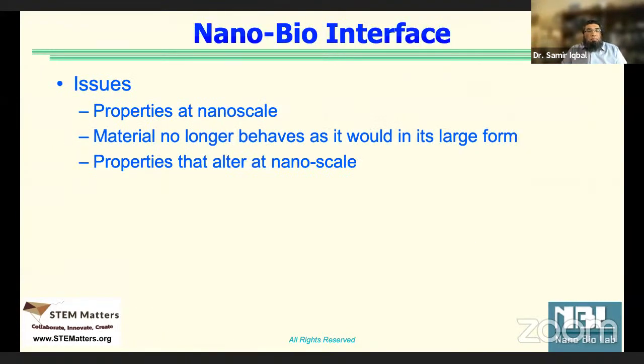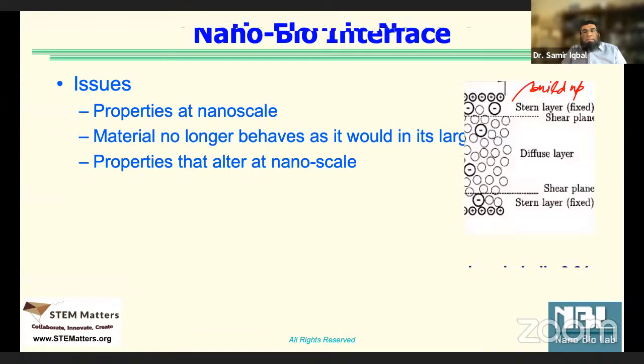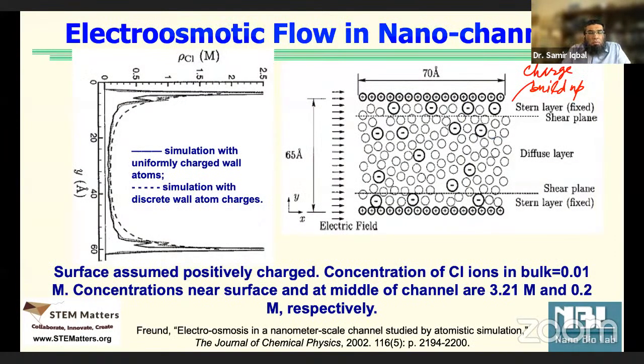So at nanoscale, there's a bunch of properties. Electroosmotic flow, we have seen this before. Now when the double layer happens, if the channel is large enough, we are not too bothered. But when the channel becomes too small, the accumulation of charge would result in changes to the overall flow of solution through the channel, micro channel, nano channel.